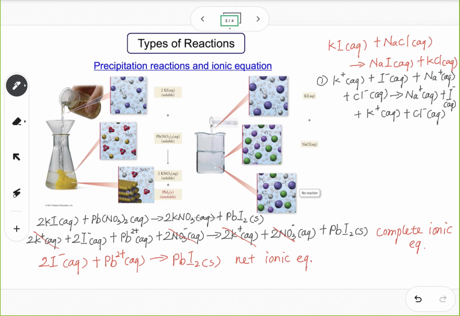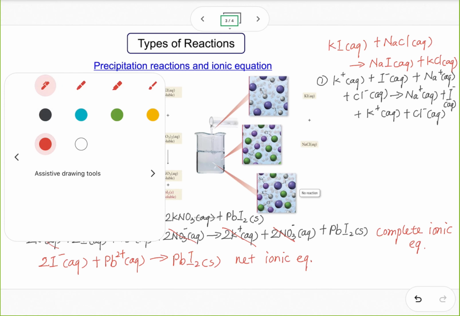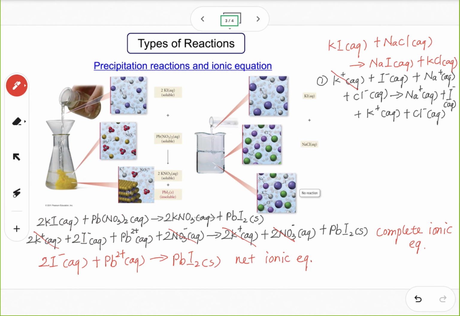It looks like for the ions that you can cancel, potassium can be canceled. They are identical. Iodide can be canceled. They are identical. Sodium cation can be canceled. Chloride can be canceled. So you can cancel all four ions on both sides. In other words, for net ionic equation, there's nothing left.